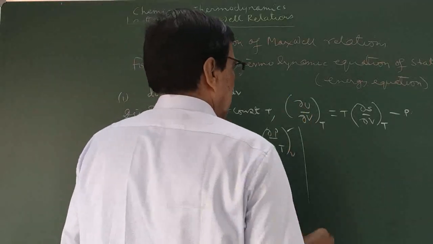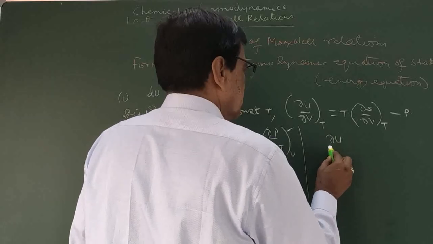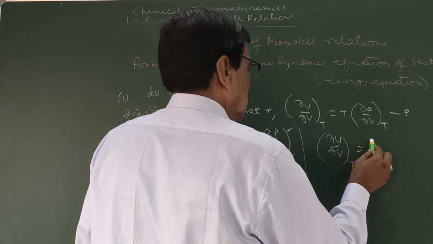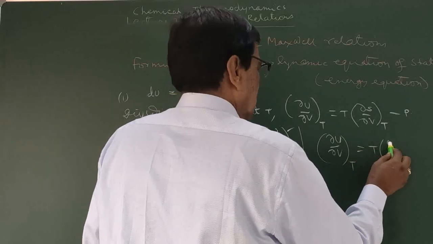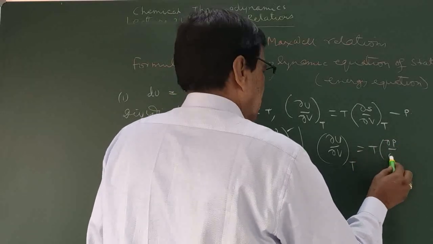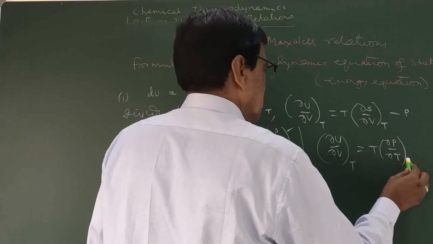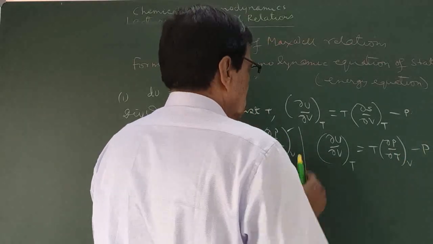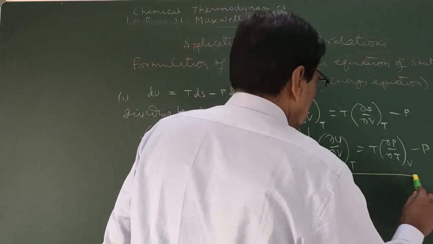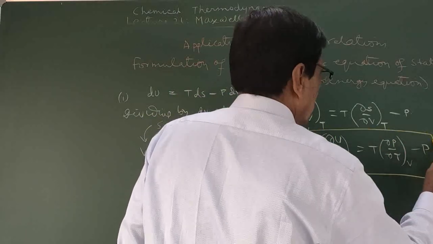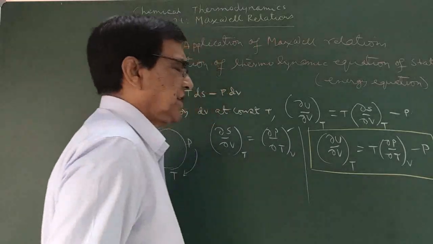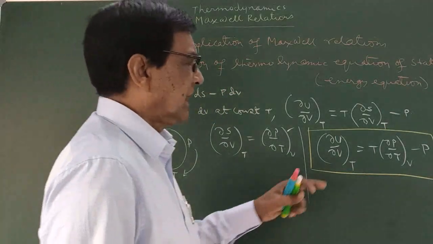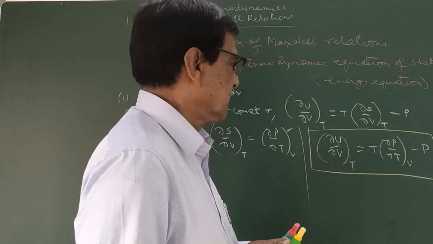So this relation becomes del U by del V at constant temperature equal to T into del P divided by del T at constant volume minus P. So this is actually the first thermodynamic equation of state.